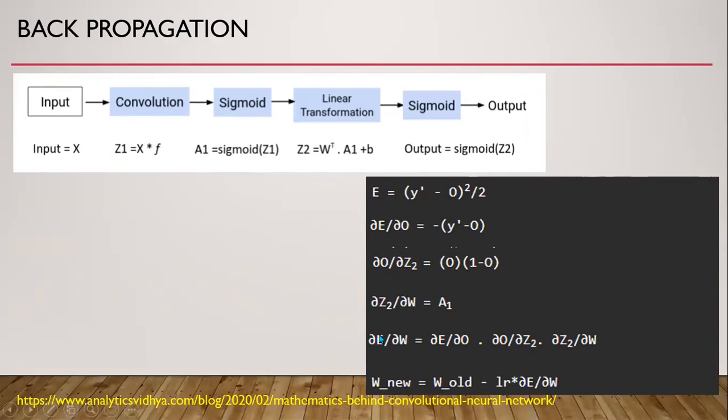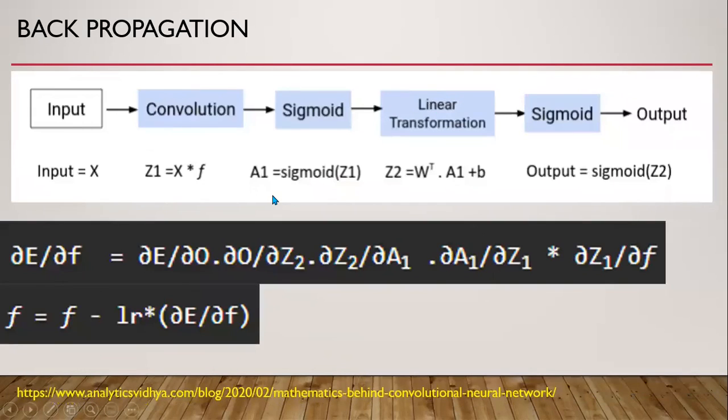We get the derivative of error with respect to this matrix W. So this is the final derivative we need. And when we get this derivative, we can get the new weight equal to the old weight minus the learning rate multiplied by the derivative of error with respect to W. So this is how these weights are learned. These are weights in the linear transformation part of the deep neural network.